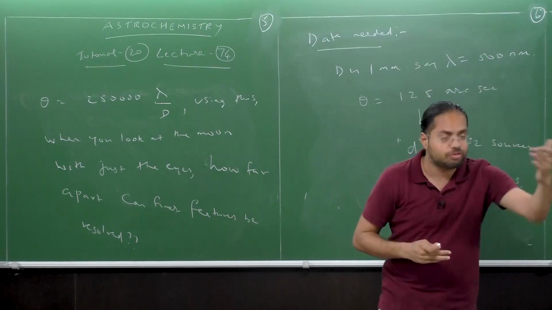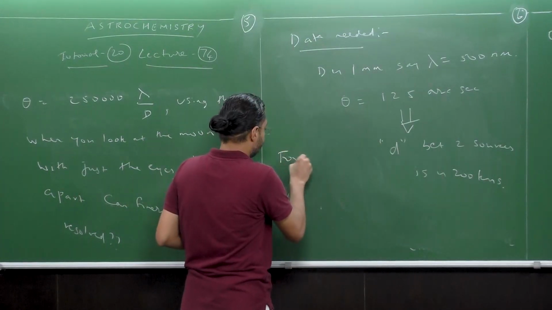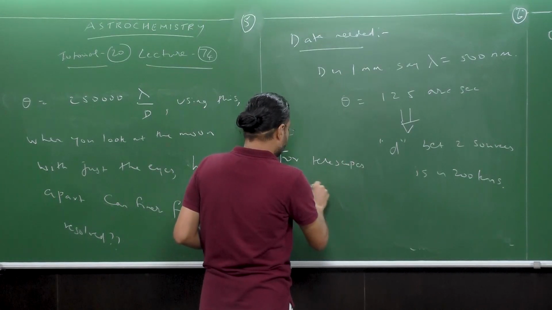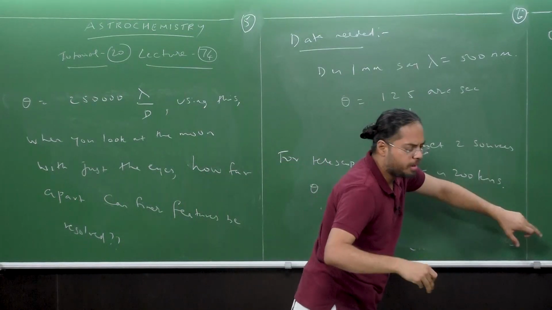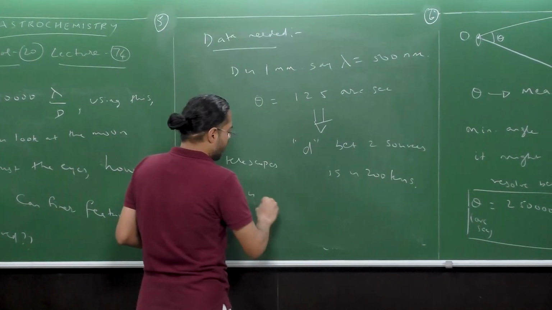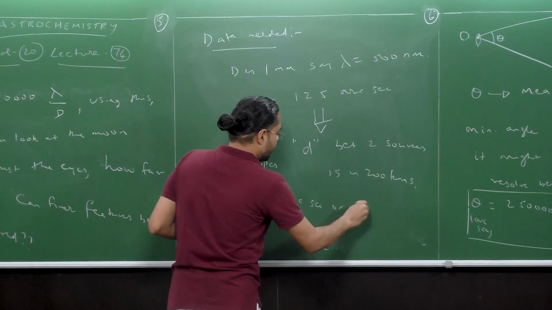So for modern telescopes, typically, your theta, that is the minimum resolution, should be of the order of at least 1 arc second or better.